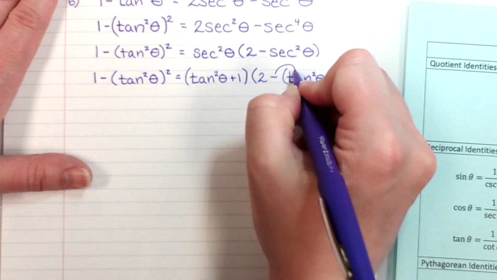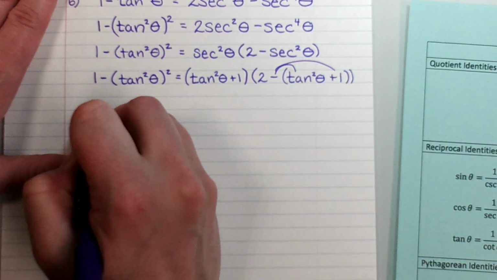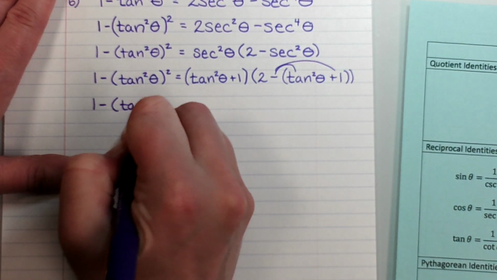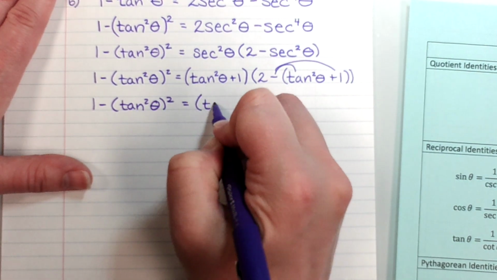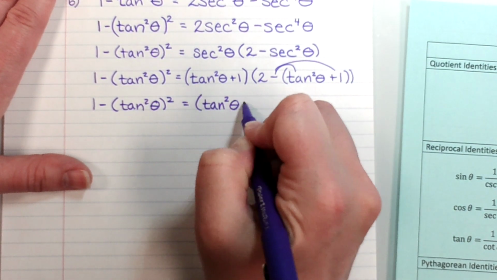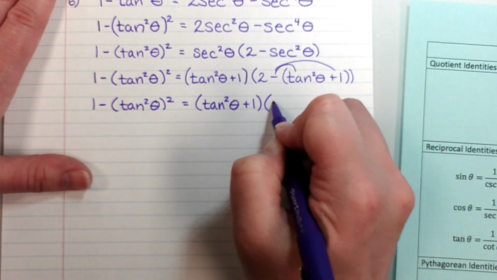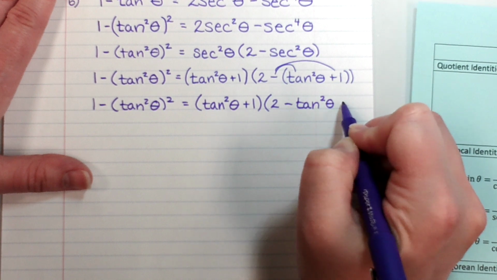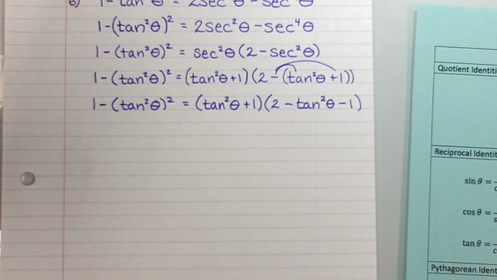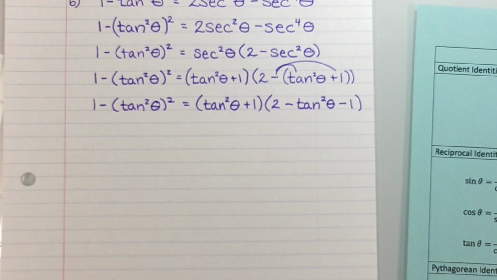Okay, so we distribute that first. I've never done this problem this way. I'm curious how it works. I've done this problem like a dozen different ways. This one's new. I like it. Okay. Becomes a little nicer to look at.